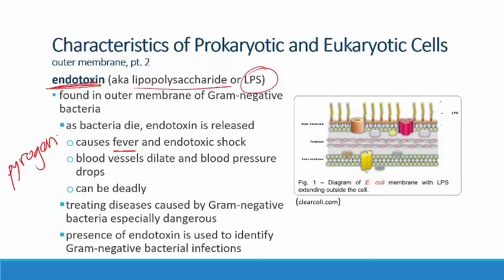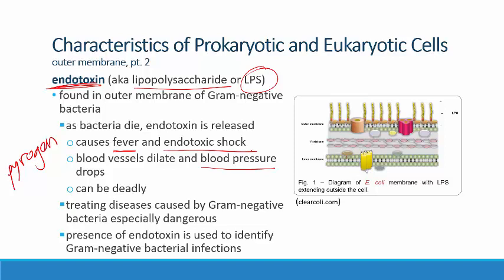It can also cause blood vessels to dilate, which then leads to a great drop in blood pressure. As we open up all those blood vessels, the increased capacity of the circulatory system leads to a blood pressure drop, which is what we call endotoxic shock.